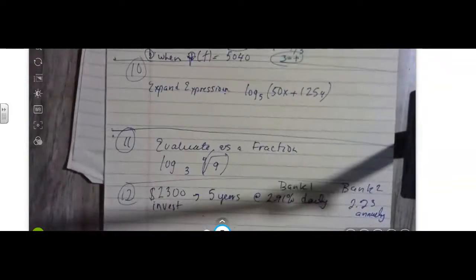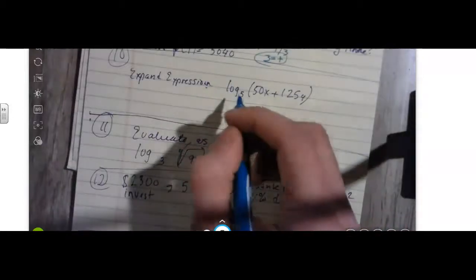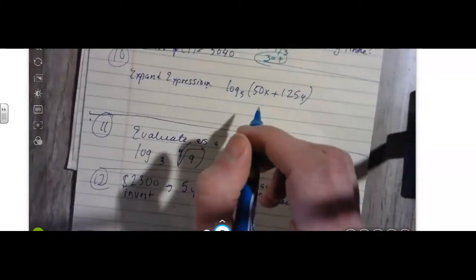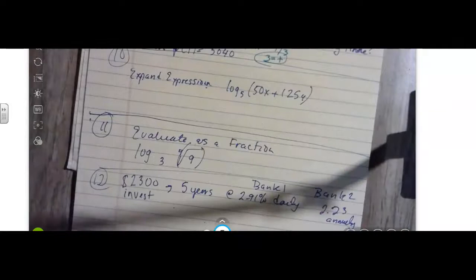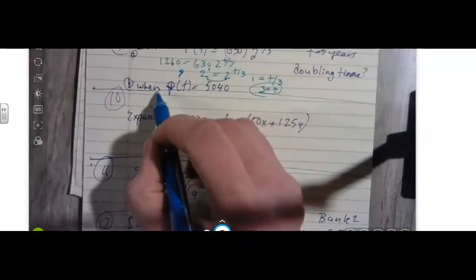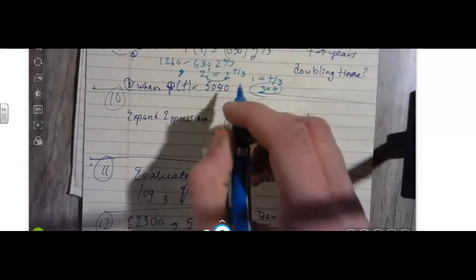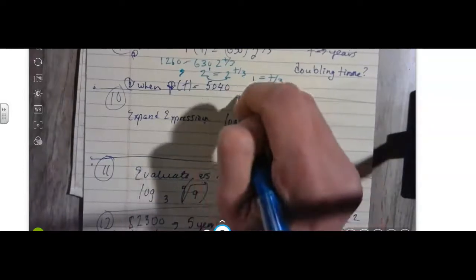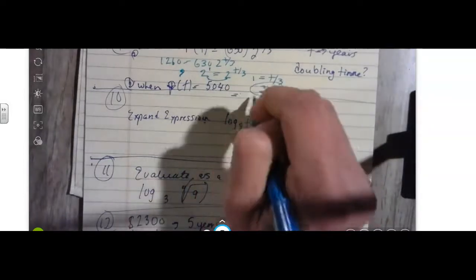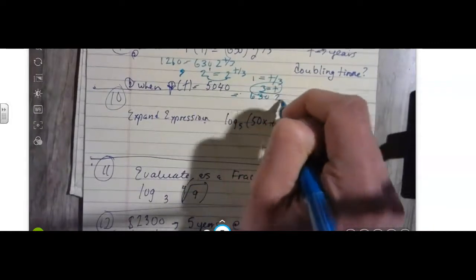Now for number 10, we have to expand this expression. Do we have a part 2? Let's see. I thought there was a second part, so we have to find when the population is equal to 5,040. That's what they ask us. So we would say 5,040 is equal to 630 times 2 to the t over 3.